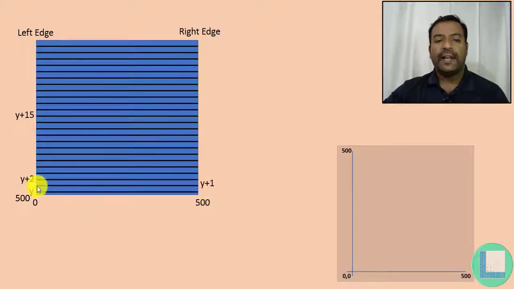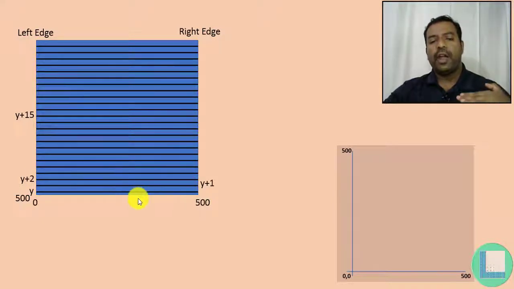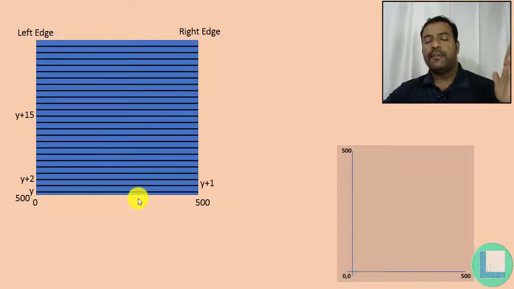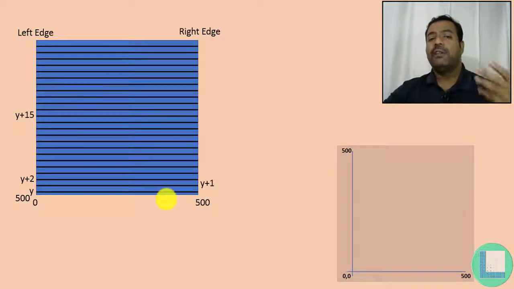Then I'll move on to the next scanline, starting at 0 and filling until 500. Go to the next scanline, again initialize to 0 and fill to 500. For every y value from 0 to 500, I'll be filling the x value from 0 to 500. This is exactly the setup of scanline we talk about, the scanline algorithm.